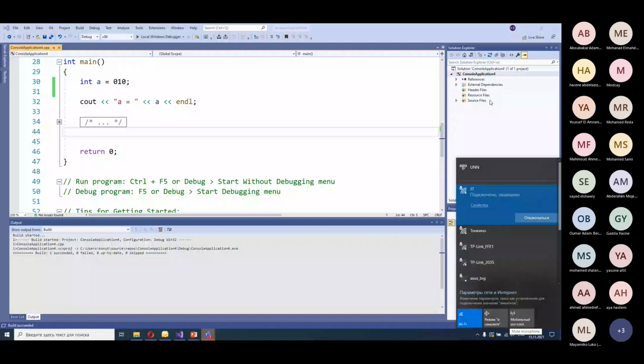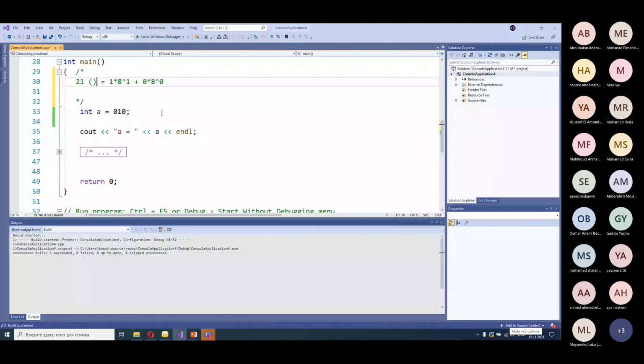Well, let's write another number, for example, 21. How will this number be written in octal? 21 with radix 8 is 2 times 8 power 1 plus 1 times 8 power 0.